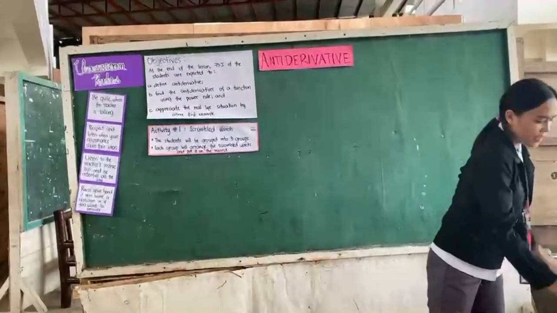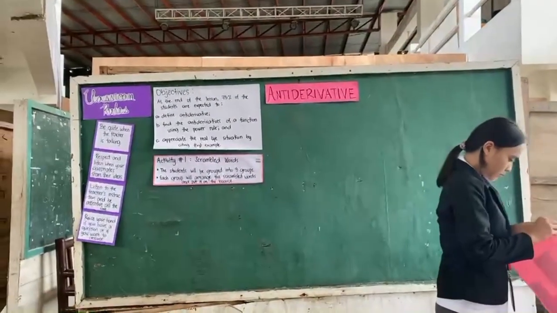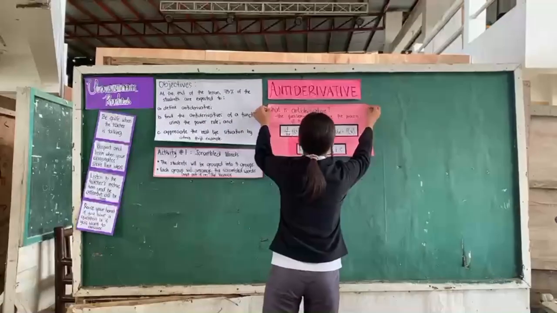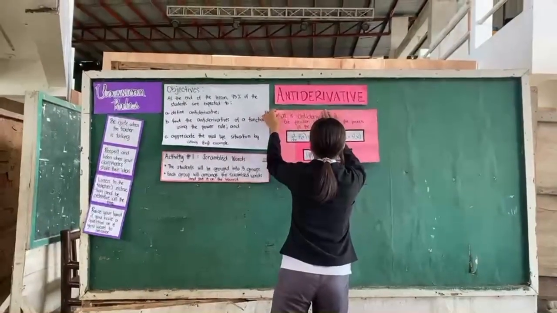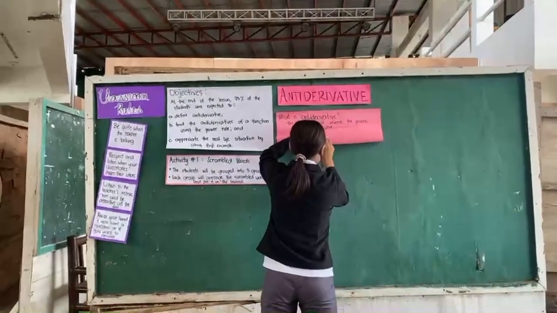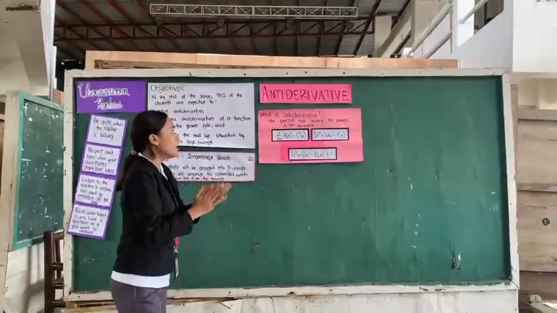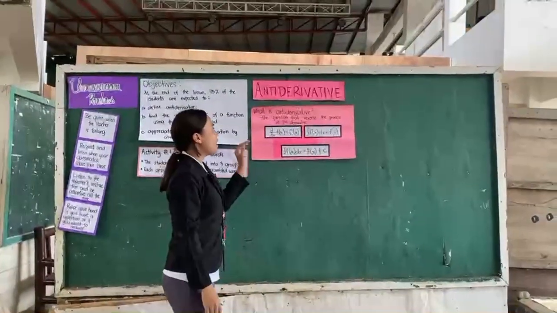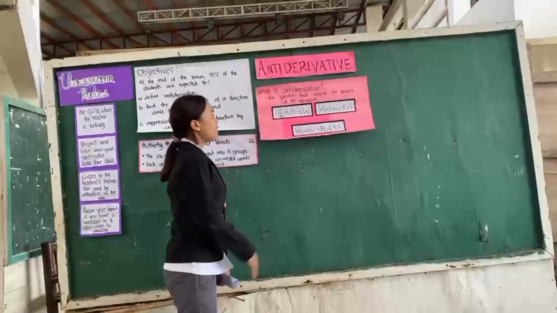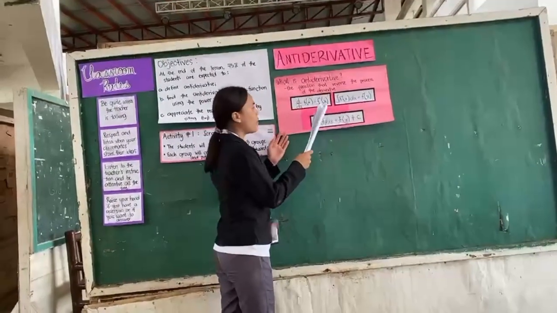What is antiderivative? Antiderivative is the function that reverses the process of the derivative. We know that the derivative of f of x is equal to f prime of x.